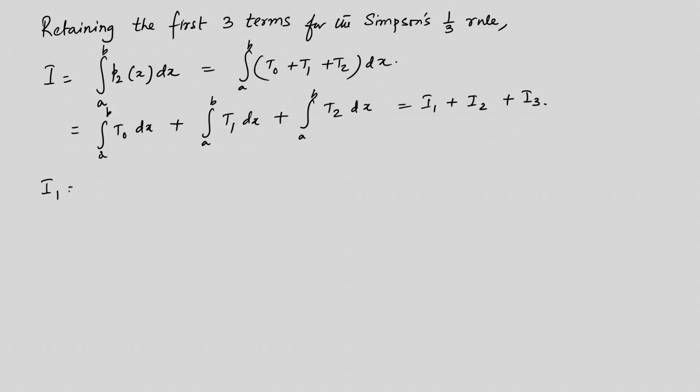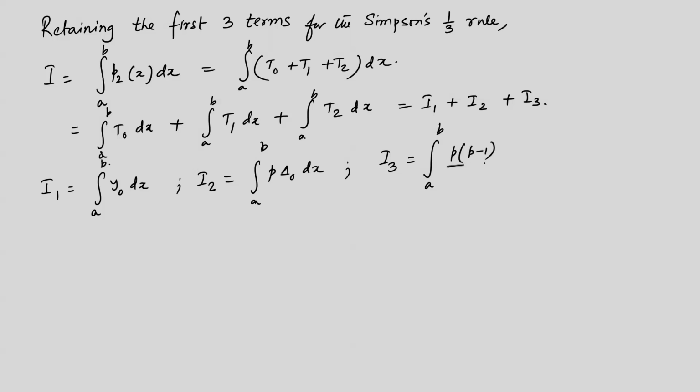So, I 1 is nothing but the integral of y 0 dx between a and b, I 2 is the integral of p delta y 0 dx, and I 3 is the integral of p into p minus 1 divided by 2 times delta square y 0 dx. Okay. So, this is pretty much what we have to do.